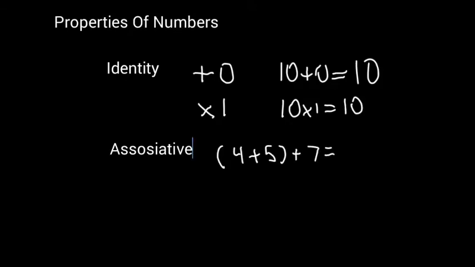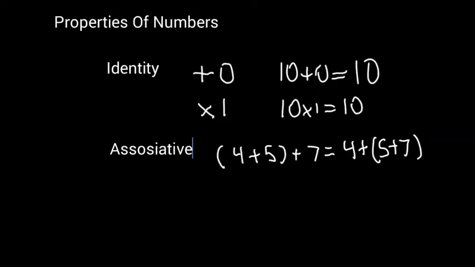That is the same thing as 4 plus (5 plus 7). So you notice I changed where I had the parentheses, but I'm not changing the value of the sentence. So to be associative, you have to have parentheses, and you have to change them to group different numbers, but those groupings cannot change the outcome of your answer.